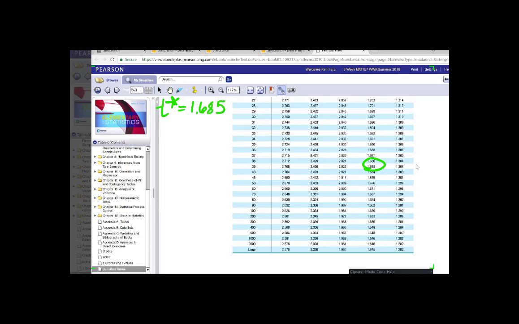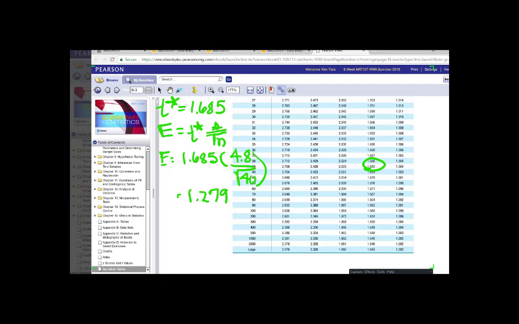And so our formula here is our error is our critical T times S divided by the square root of N. So our error will be 1.685 times 4.8 divided by the square root of 40. So let's do our math here, and I get 1.279.